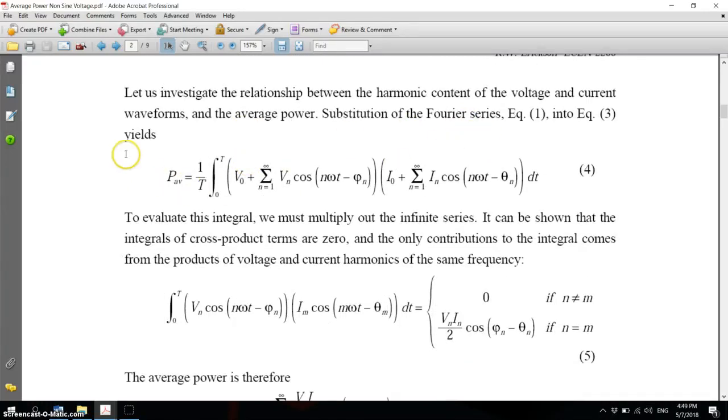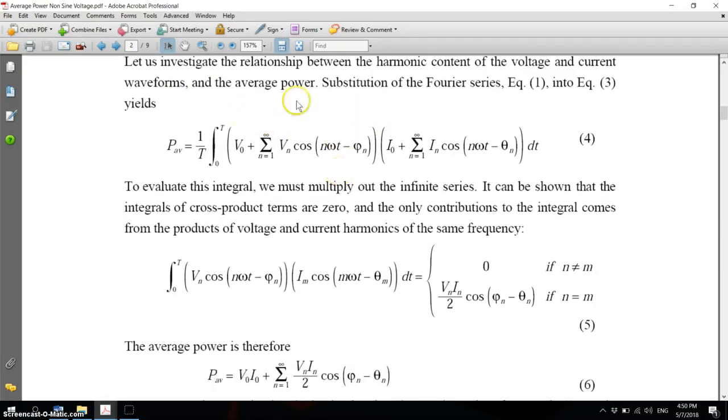where average power equals 1 over T of the integral 0 to T, whereby we have a voltage represented by the Fourier series here, Vn cos, and the current represented in Fourier series, we have In cos.